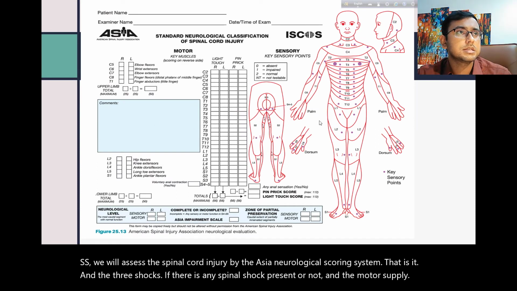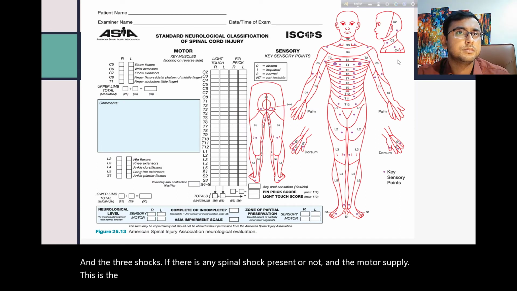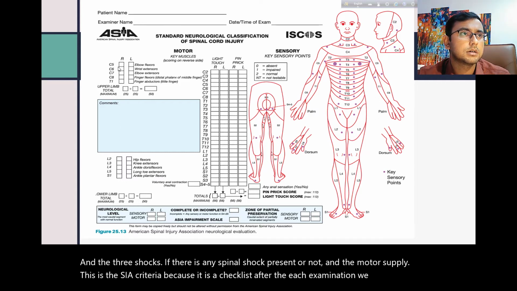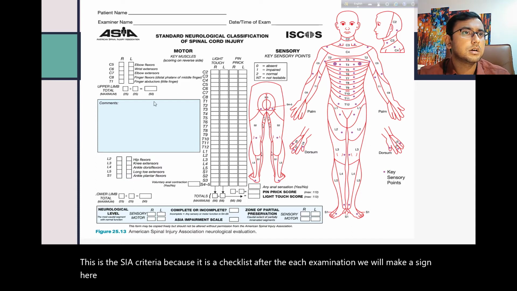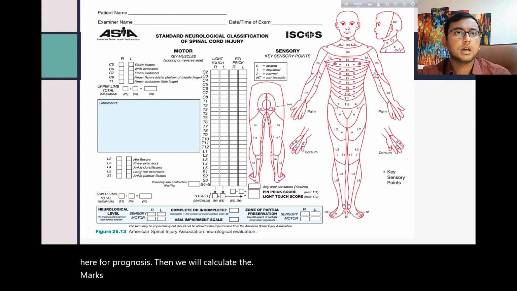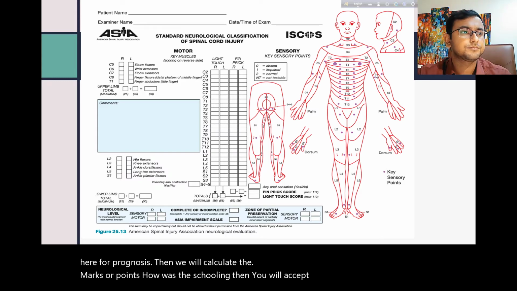This is the ASIA criteria, because it is a checklist. After each examination we will make a sign here for prognosis. Then we will calculate the marks or points. How was the scoring? Then we will assess the scoring system.